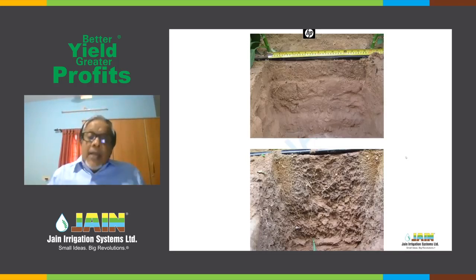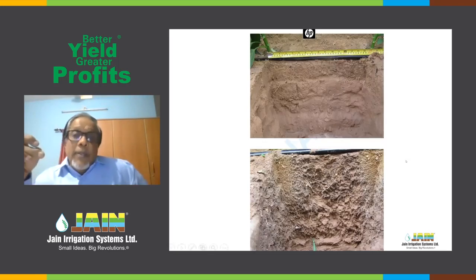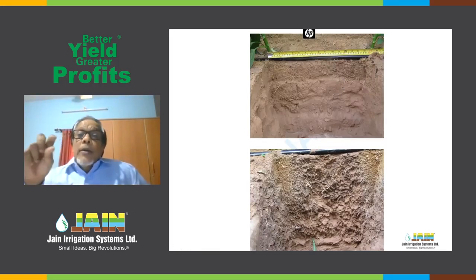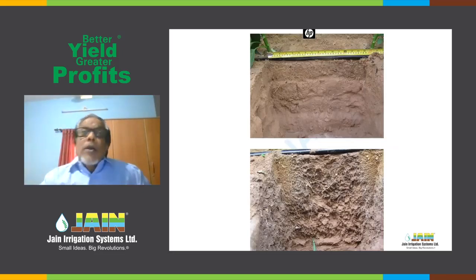Now in this case, whether the dripper is in the center of the 40 centimeter or there is one dripper where each plant is standing, it is not a matter at all.